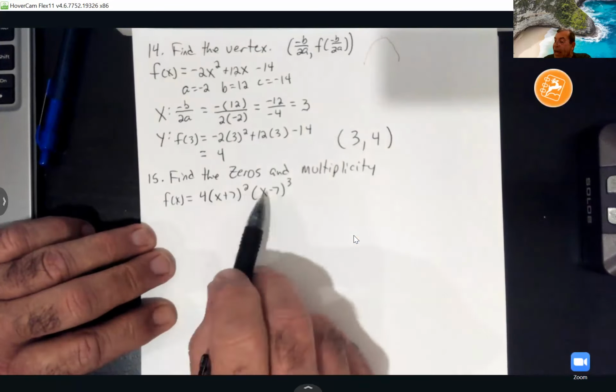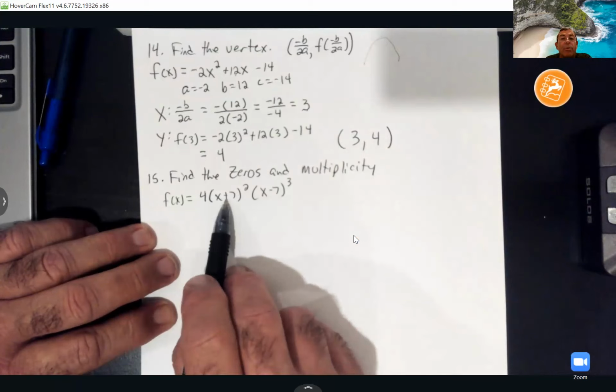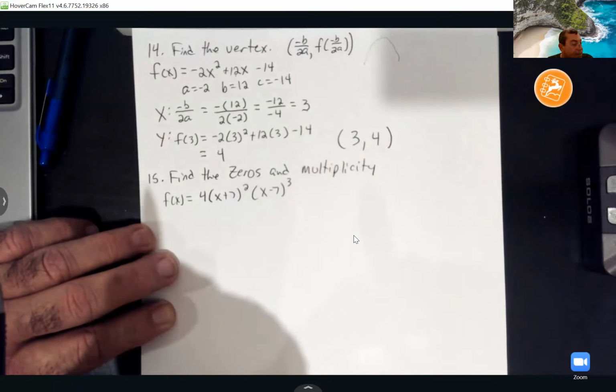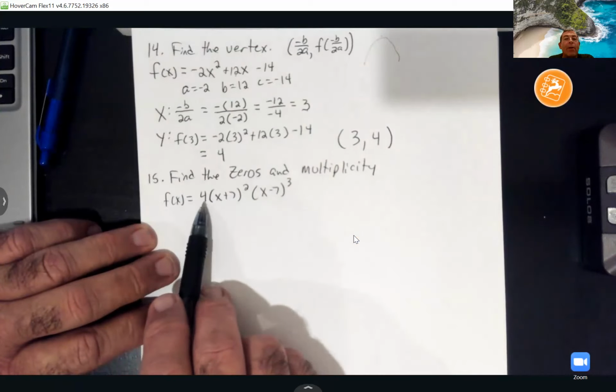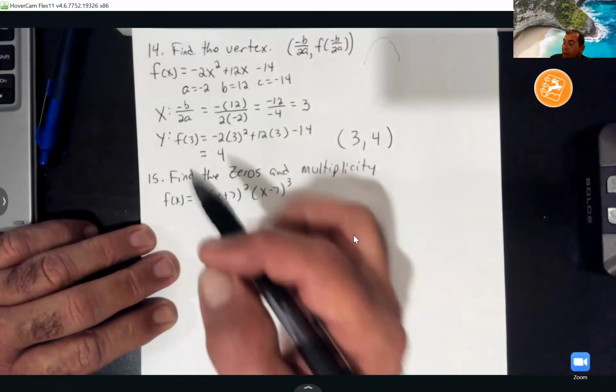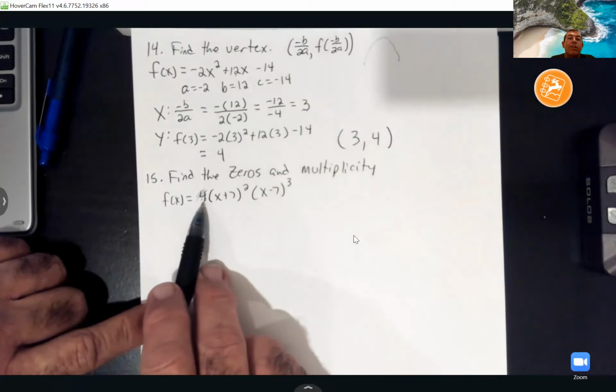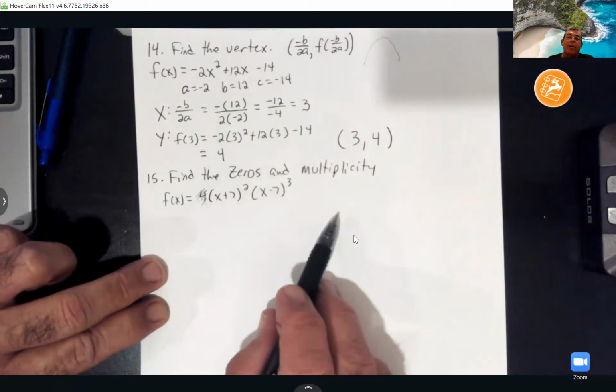So remember, the x's give me the zeros. The exponents are the multiplicity. Now, this number 4 out here, it doesn't have an x with it. So really, you can scratch out that 4. It's just a 4 being multiplied by all this.